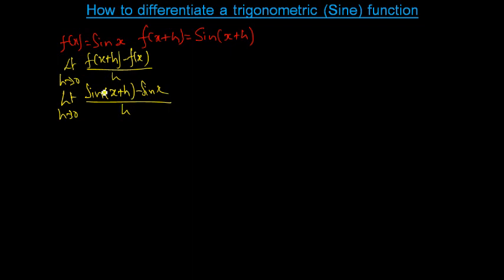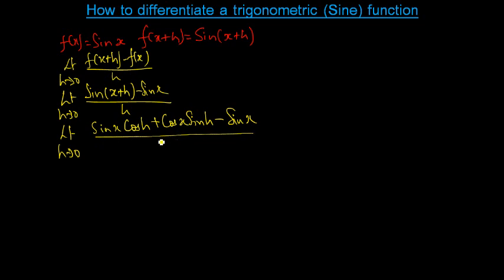Let's use the formula for sin a plus b here. So it is limit h tending to 0 of sin a cos b plus cos a sin b, and minus the sin x which is there, over h.